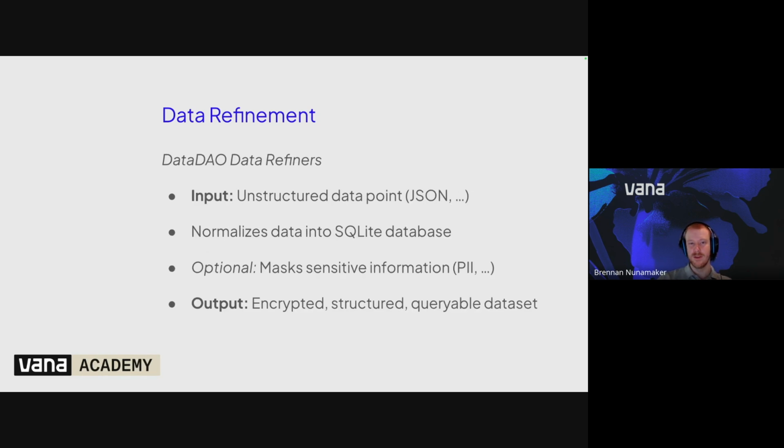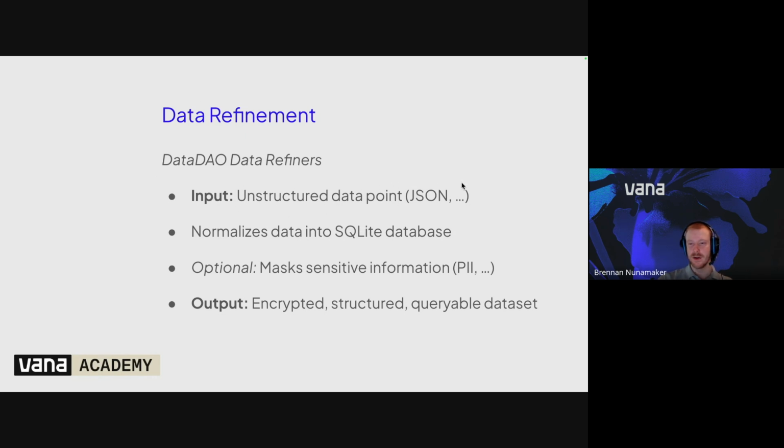There are a few pieces to this puzzle as well. The first being the DataDAO data refiners. So this is what we've also seen in the Create a DataDAO workshop before. This is essentially a Docker image that can later be run inside of the refinement service that structures this data.